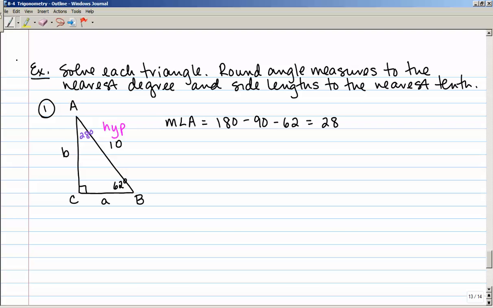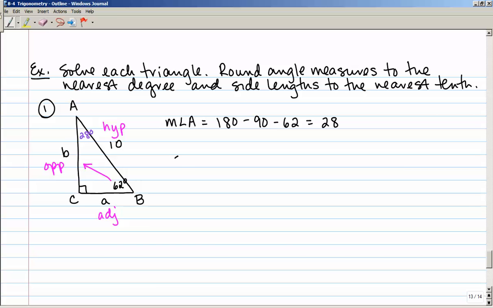Now I need to find the lengths of A and B, the two sides here. So I think I'll use my 62-degree angle just because I have it there. So in relation to my 62-degree angle, this one is opposite and this one is adjacent. So this is good. I know my hypotenuse, so I think I'll start with the opposite.